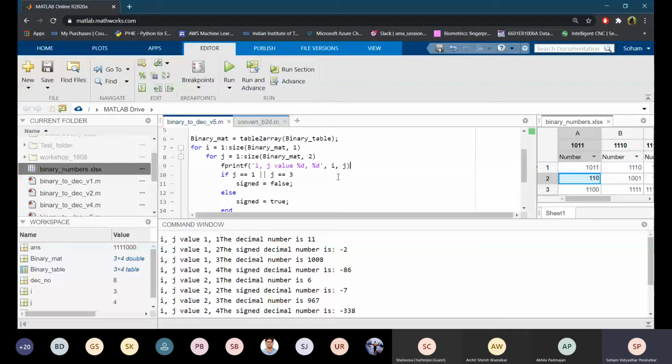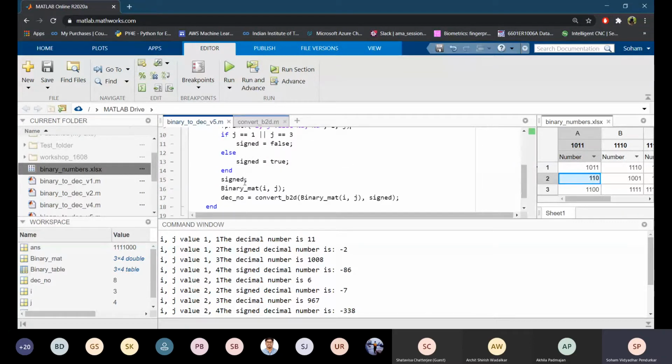So every time i and j print out, I know what the iteration is doing, and so I can point out where the issue is. So then we printed this out. Then we printed the signed value because I wanted to know whether it is coming out right. Then we saw that there is no issue in this, but only an issue after this line, right? We saw that only after this line gets executed, the problem arises.